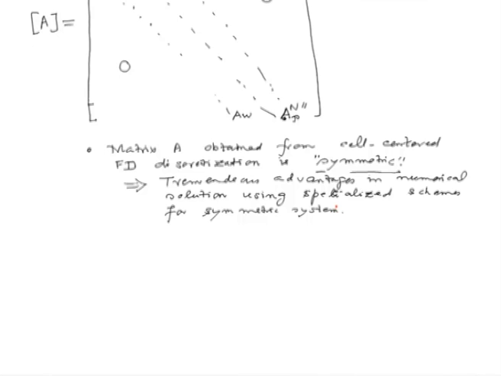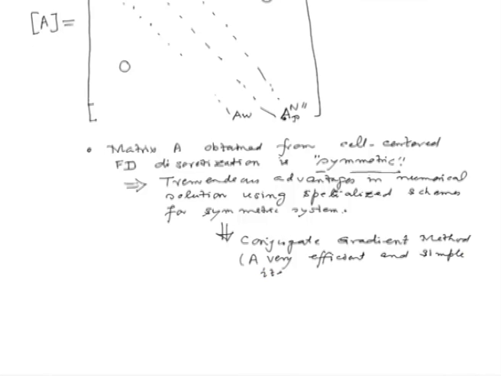For instance, if you want to use an iterative scheme, we have a very beautiful iterative scheme which is applicable, that is our conjugate gradient method, a very simple and yet very powerful, efficient and simple to program iterative scheme.